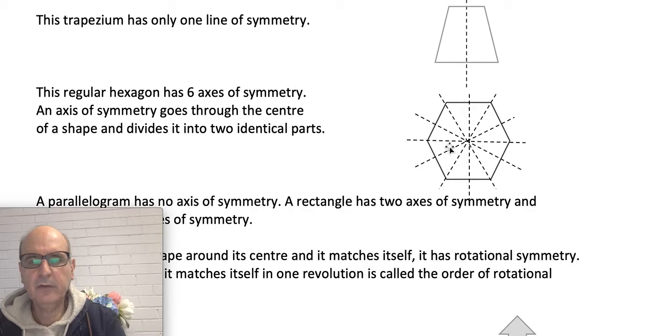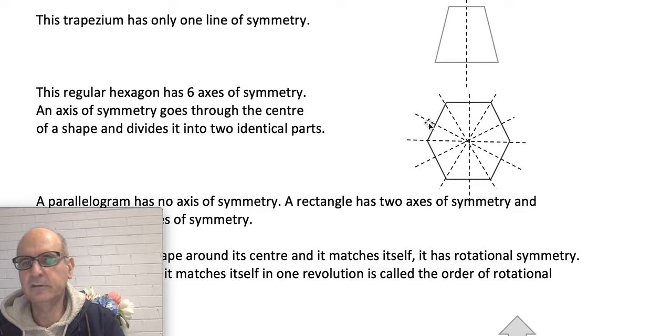If you look at a regular hexagon, a regular hexagon is a hexagon with all sides and all angles being equal. If you have such a shape, you have six axes of symmetry. I have shown these axes of symmetry.